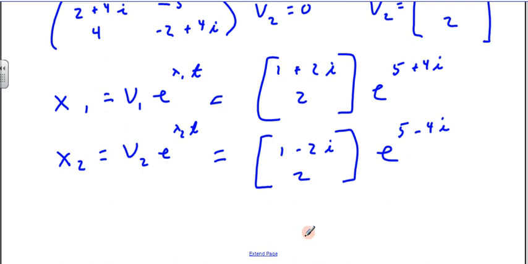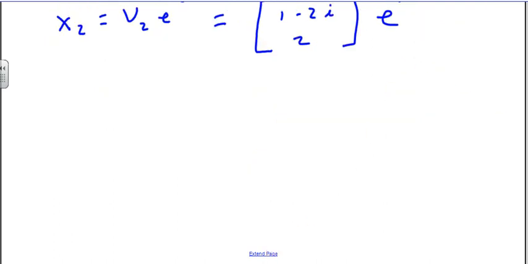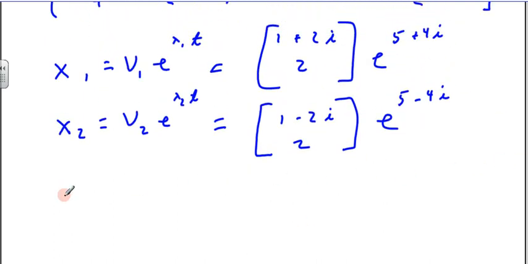Okay, now I can bring out the e to the 5. So I'm going to rewrite x1 as e to the 5, and I'm going to have 1 plus 2i, 2.